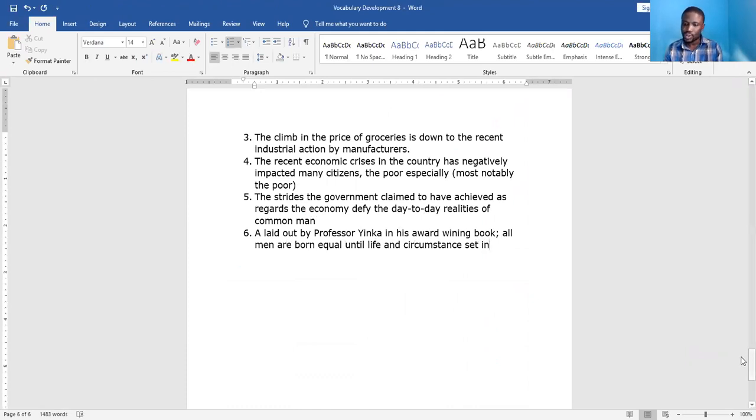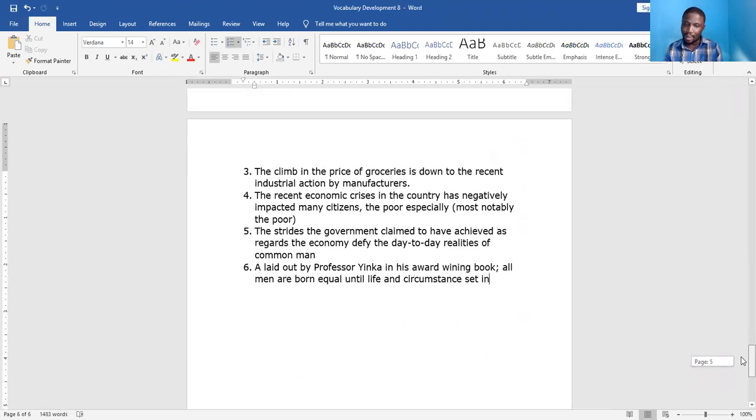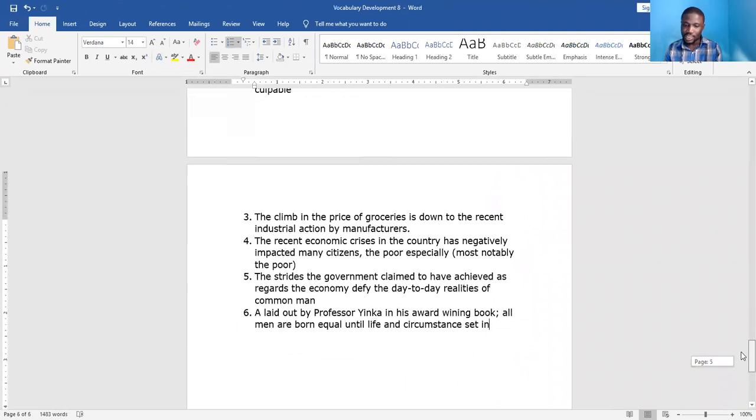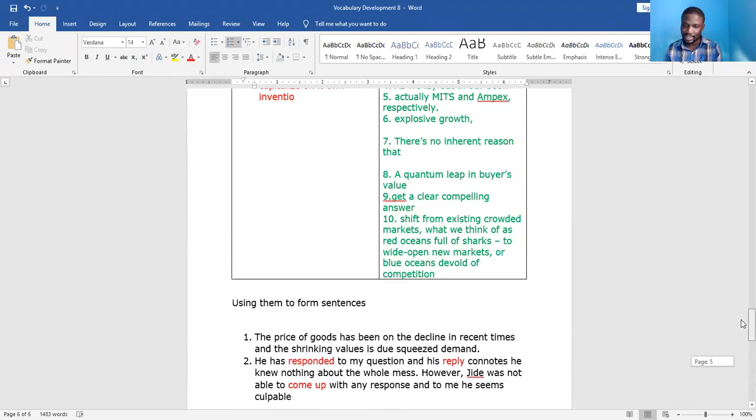So you can see now, as laid out by Professor Yinka in his award-winning book, All Men Are Born Equal Until Life and Circumstance Sets In.